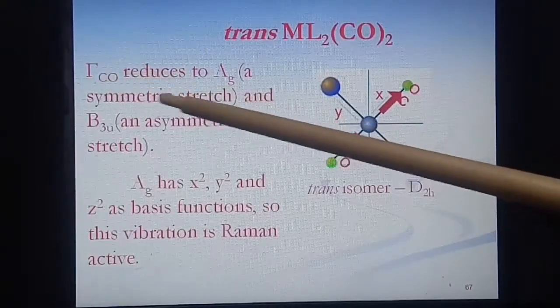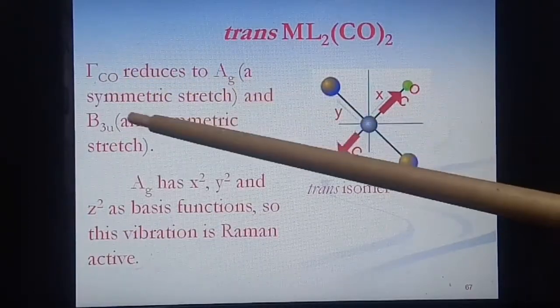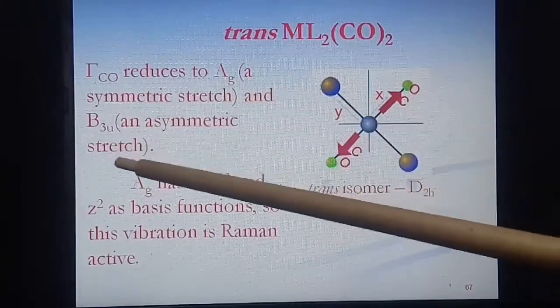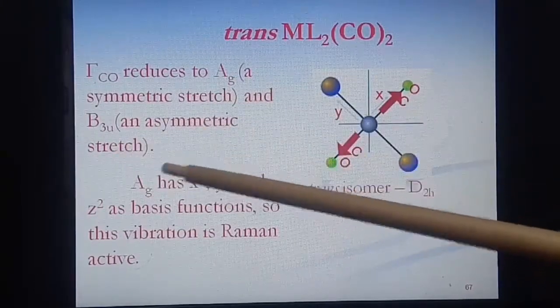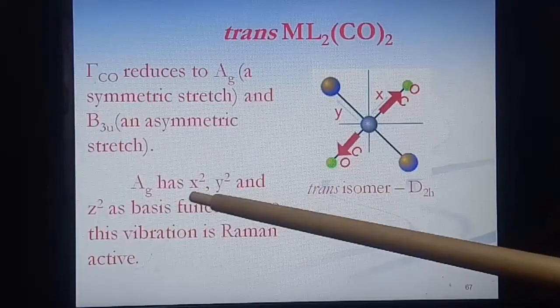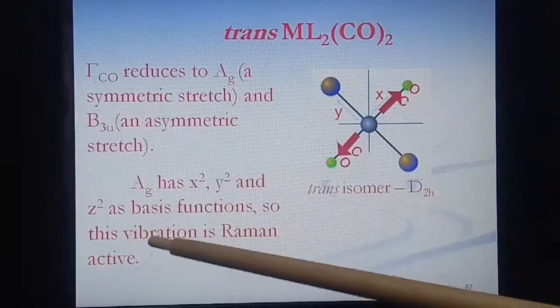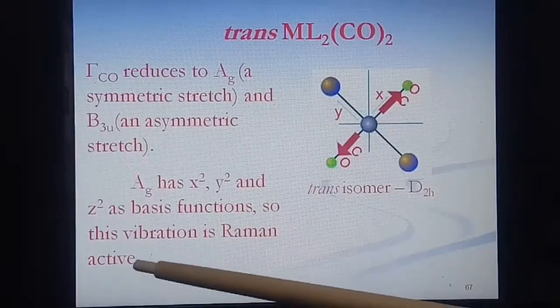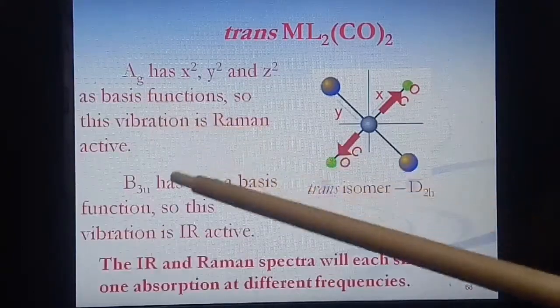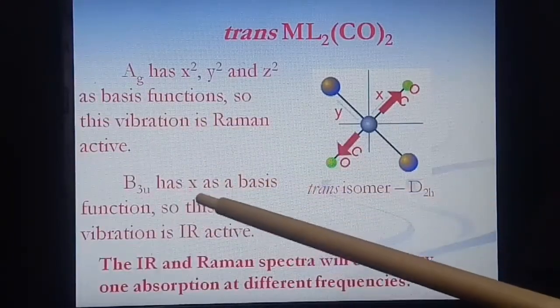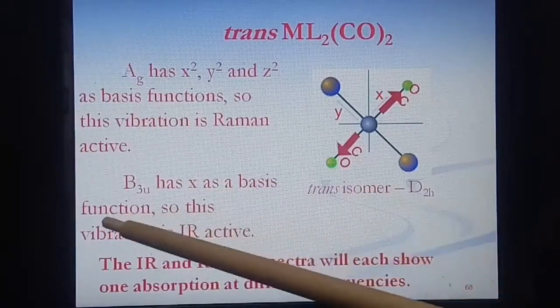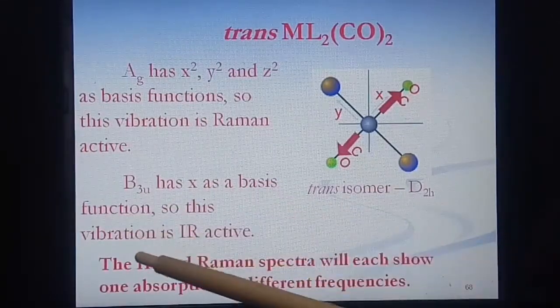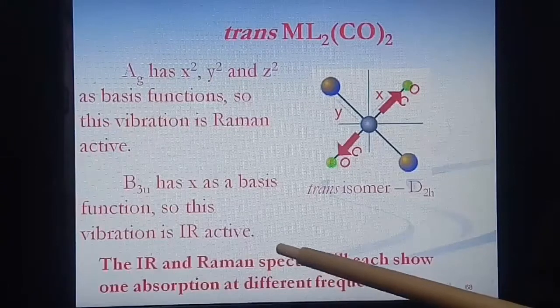Again, this reducible representation reduces to Ag, a symmetric stretch, and B3u, an asymmetric stretch. Ag has x squared, y squared and z squared as basis functions, so this vibration is Raman active. The B3u has x as a basis function, so this vibration is IR active.